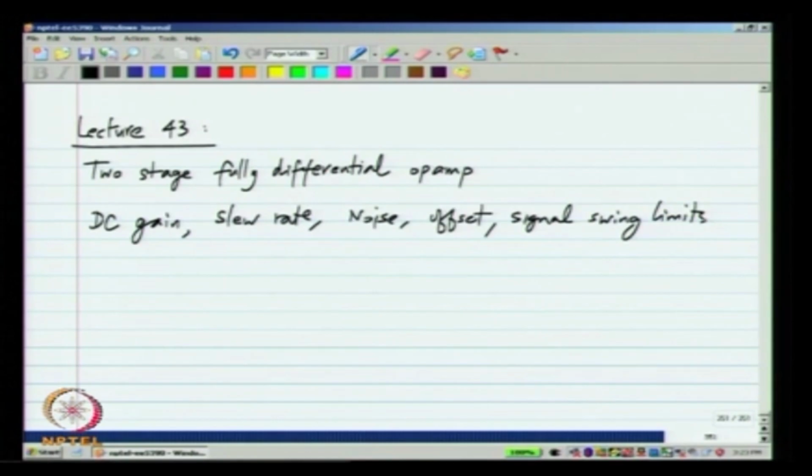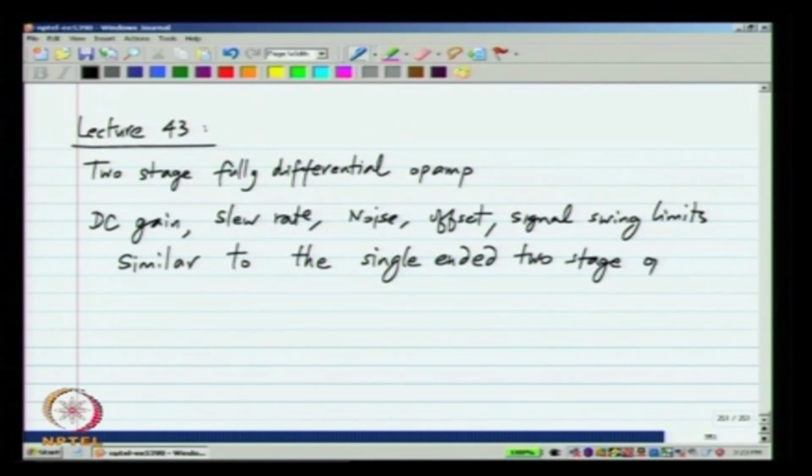These all can be calculated for the fully differential case, but this will be similar to the single ended two-stage op amp.